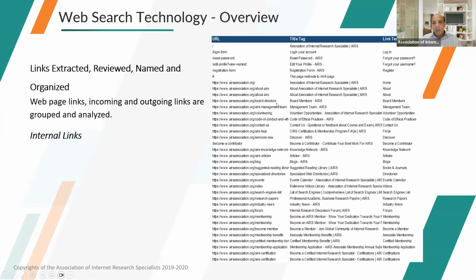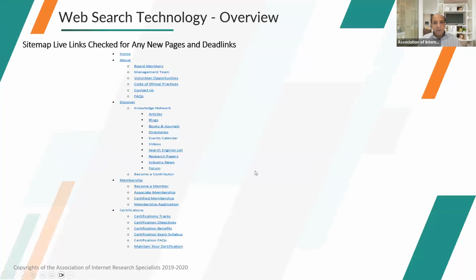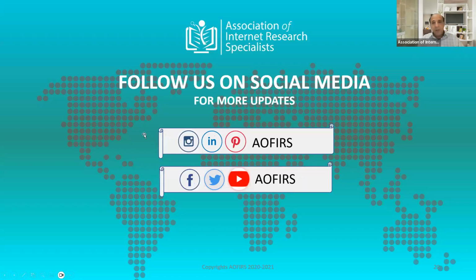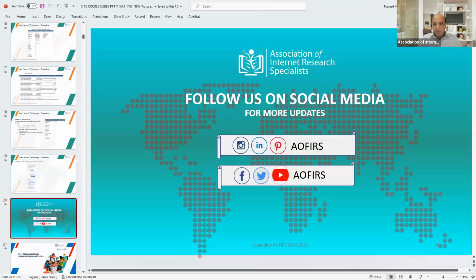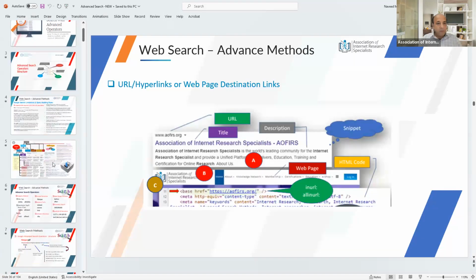So if board directors is the folder in which a page called board members is placed, it is going to look for the wordings as title statement and correlate that with the URL. So it does different kinds of algorithmic processes to make sense out of where the URLs can be defined with the title of the page itself. That's just a refresher from what we learned, but let me get back to where I was before.